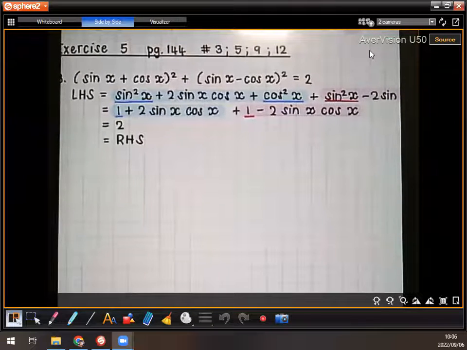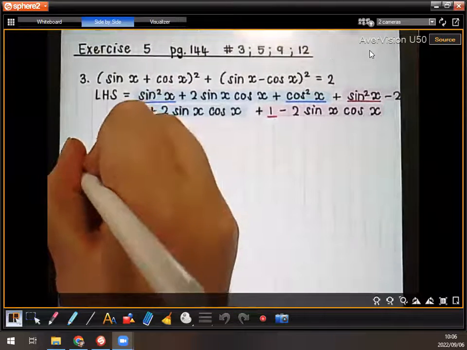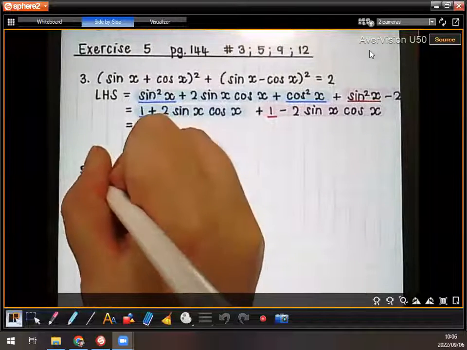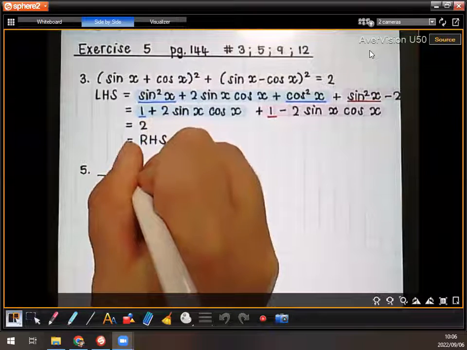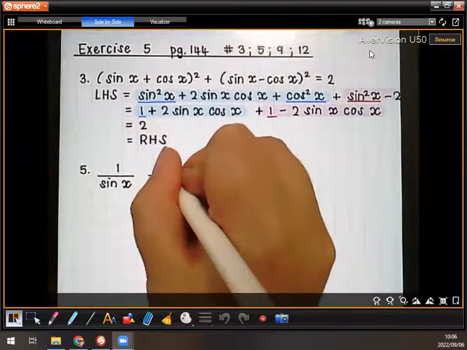Okay, the next one that you have to do was number 5. So I'm just going to write that one down. I did write it down on the piece of paper with some hints of what you need to start with. So it was 1 over sin x minus sin x.